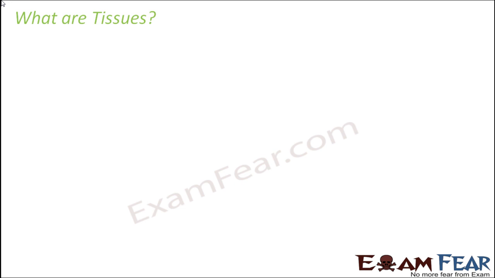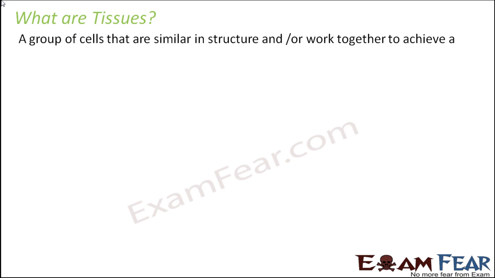So here we will start with tissues. So what are tissues? It is again a repetition, I know, but just to give you a quick recap. It is nothing but a group of cells that are similar in structure or work together to achieve a specific function. So their main agenda is this: they work together to achieve a common function.